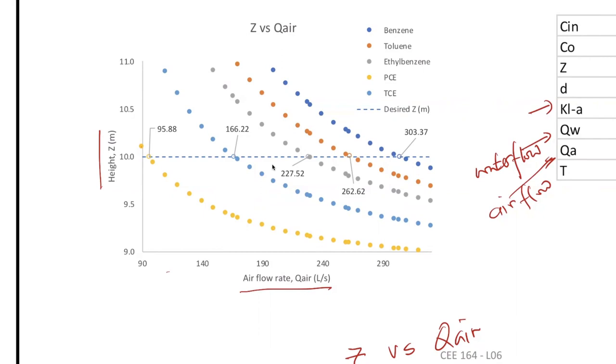So what it means is that if you are increasing the airflow rate, you don't need a taller air stripping tower, because it is becoming more efficient. As you see over here, if you have a height of 10 meters, you can remove most of these pollutants as long as the airflow rate is below 95.88.